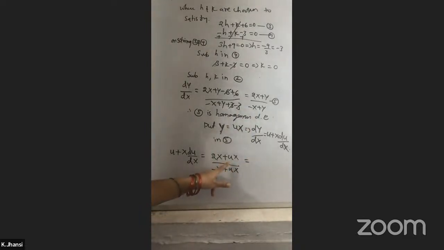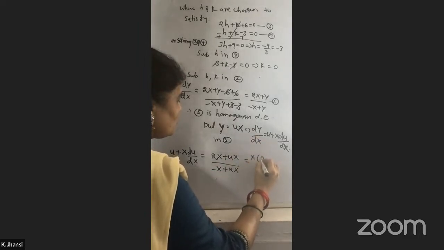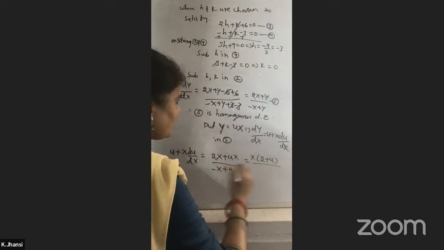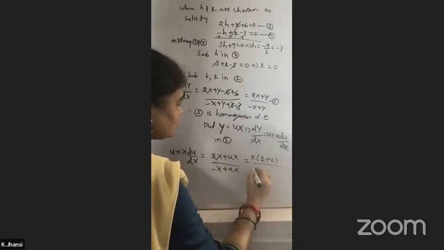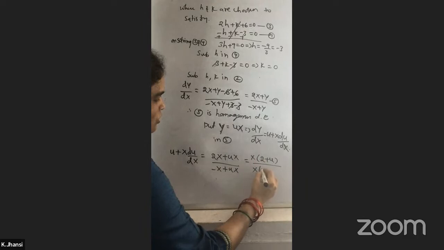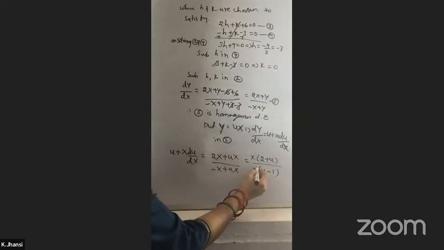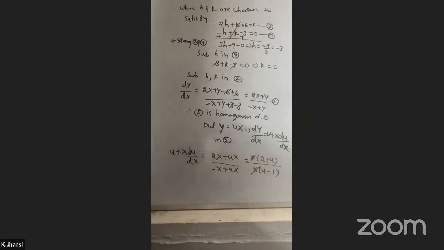So if you take x common in the numerator and denominator, x into 2 plus u, by here minus, so we can take x common, you write the u here. So u minus 1. Okay. So u minus 1, this x you cancel it. So 2 plus u by, that is u minus 1.